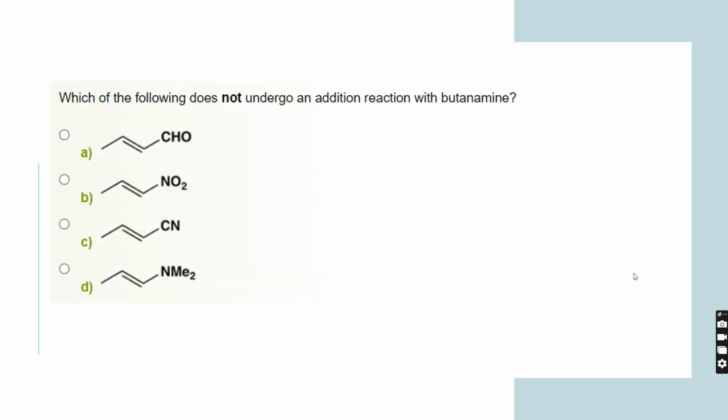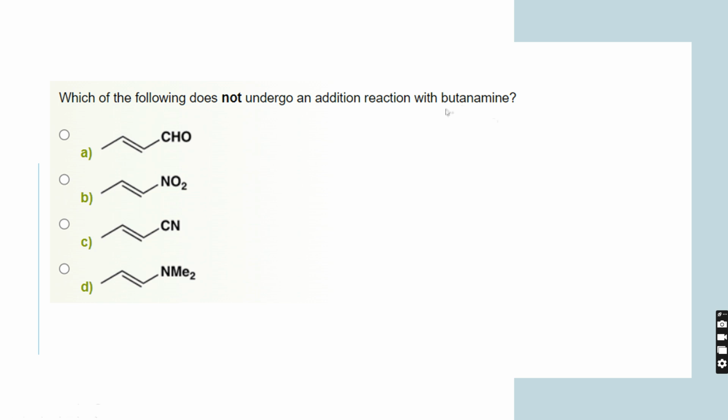So again, we have a question related to hard-soft nucleophile. Which of the following does not undergo an addition reaction with butanamine? You have 4 alkenes with 4 different substituents present, and out of these 4 alkenes, one will not undergo addition reaction with butanamine, which is a nucleophile.